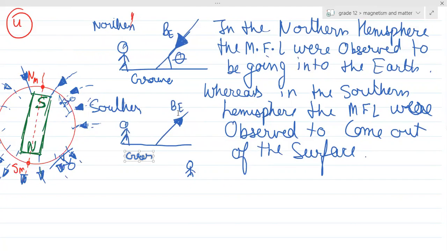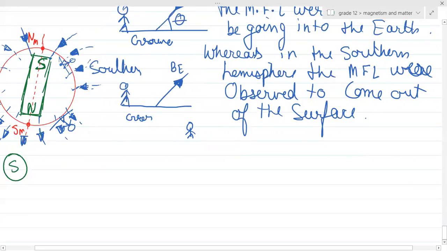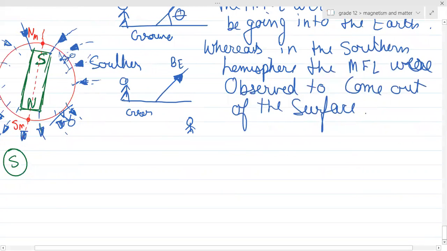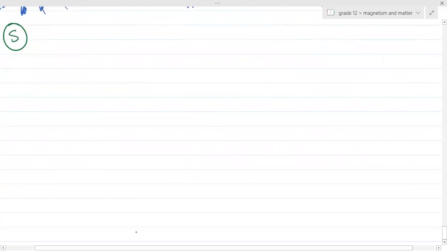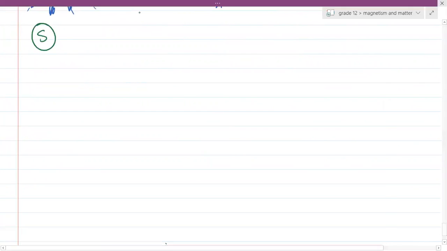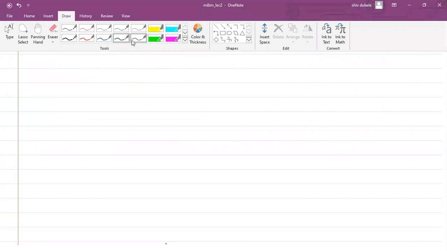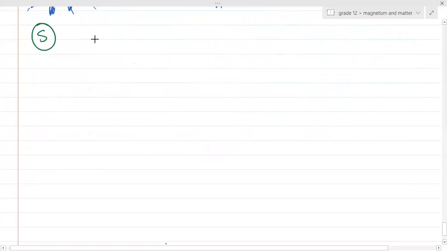After this, there is one more point which is based on the equator. Everyone knows the equator, right? There are two different types of equator: one is the magnetic equator and one is the geometric equator. So this is my Earth.